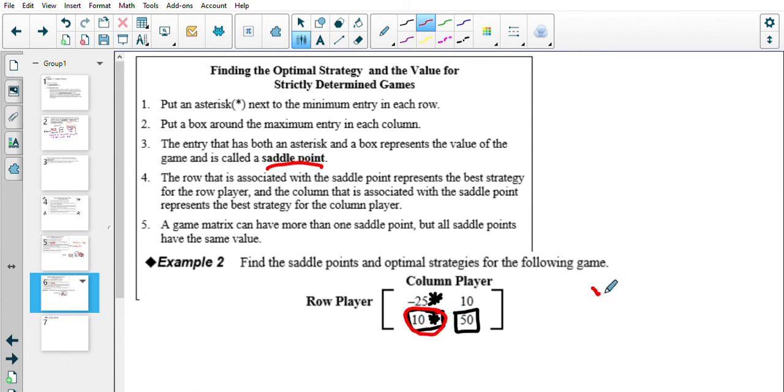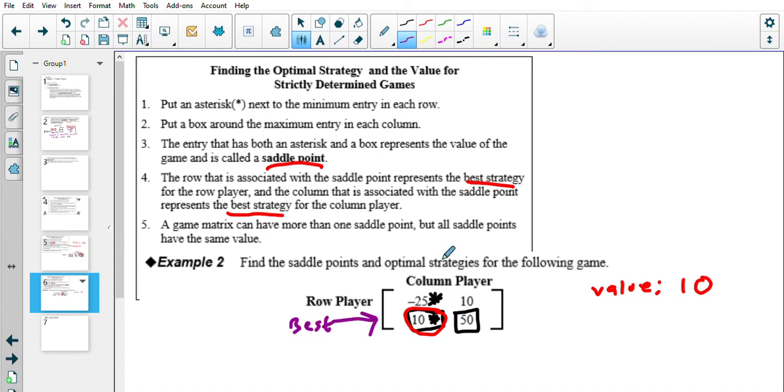So we can say the value of the game is 10. $10 or 10 cents or whatever. It doesn't really have units. And that comes from the saddle point that we've circled here in red. And then we can find the best strategy by looking at the row and column of our saddle point, right? So the best strategy for the row player is to choose the second row.